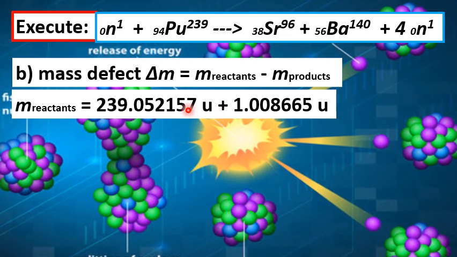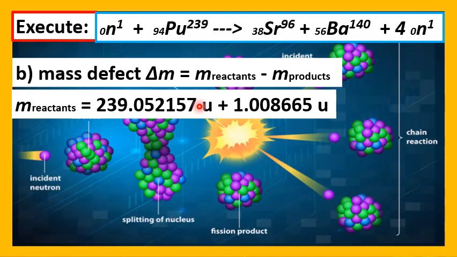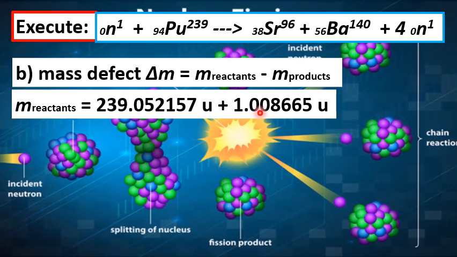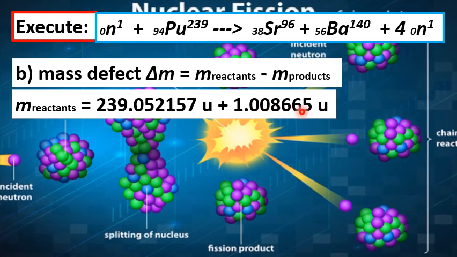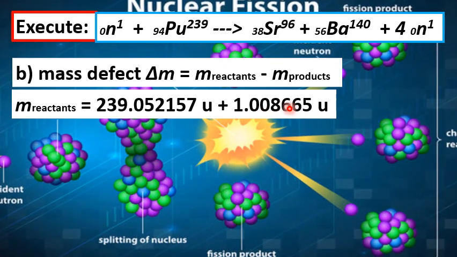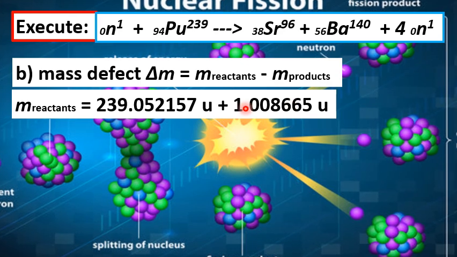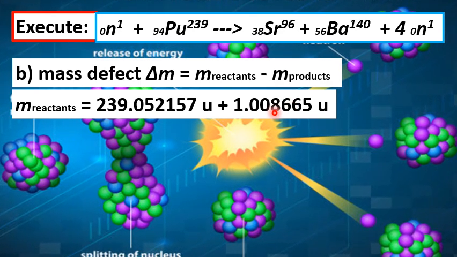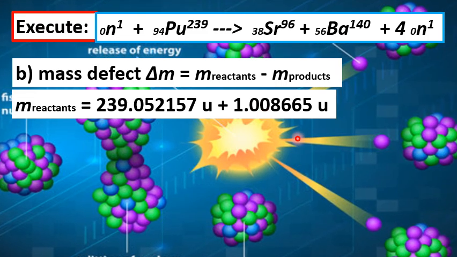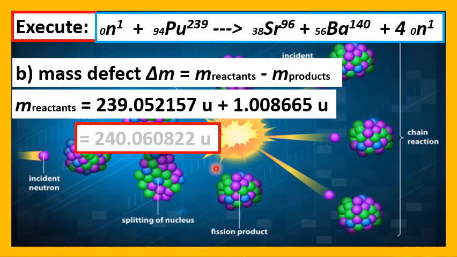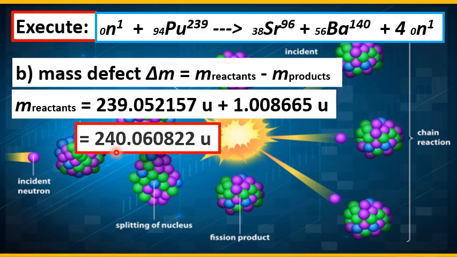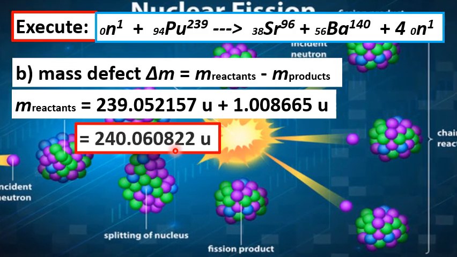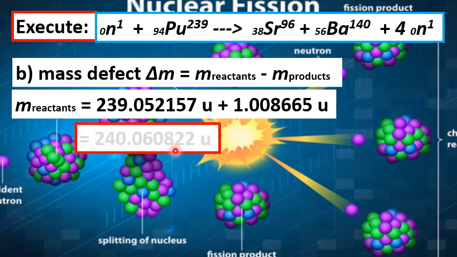That's for plutonium-239 isotope, and 1.008665 atomic mass unit, that's for the atomic mass of a neutron particle. So adding these two atomic masses, we get the mass of the reactants equal to 240.060822 atomic mass unit.